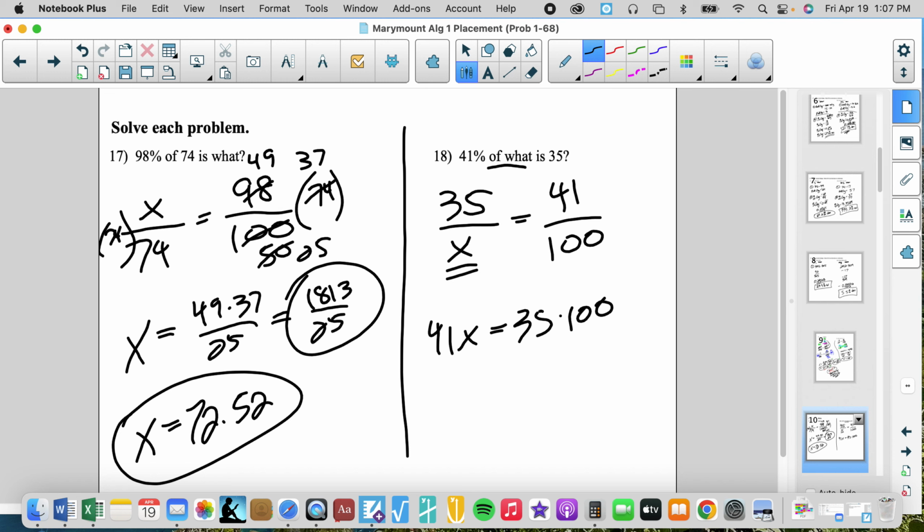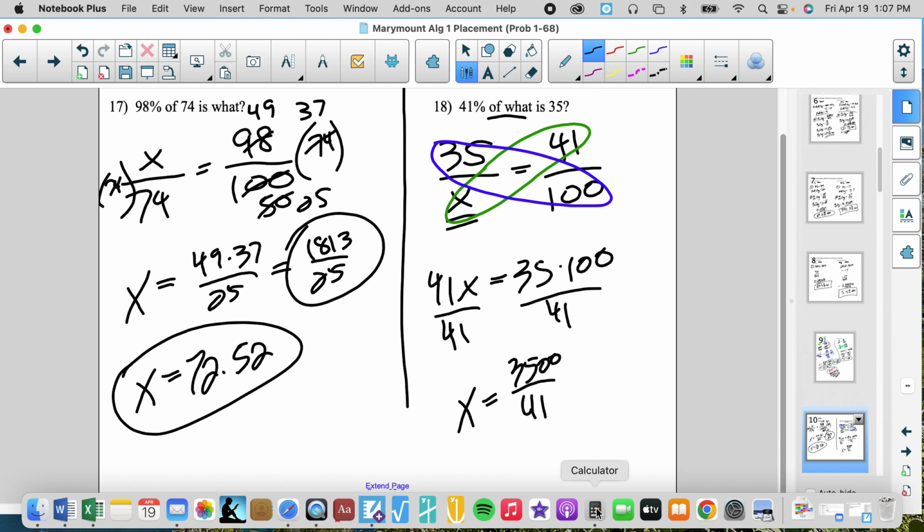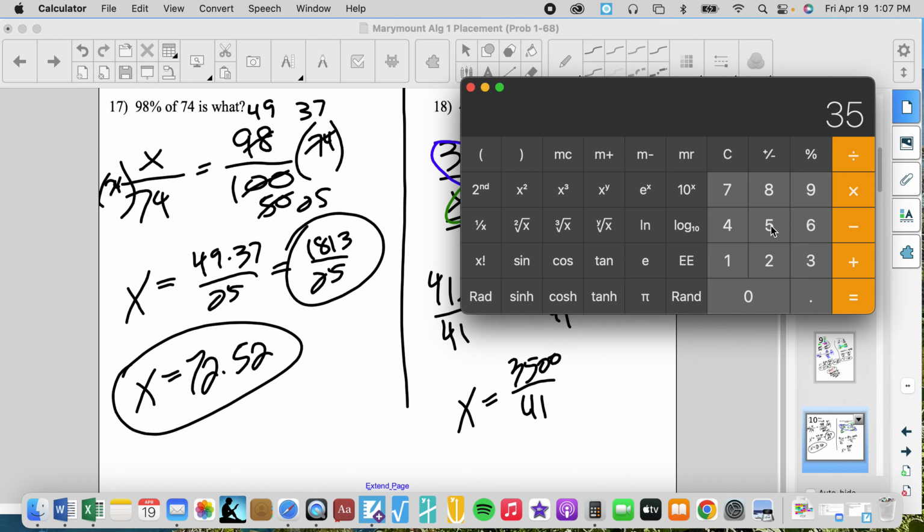That's why I'm going to choose the cross product, because isolating it is going to be a little bit more challenging. So just do cross product. Divide by 41, divide by 41. None of those go into it. So we get 3,500 over 41, which should be an acceptable answer, or 3,500 divided by 41.